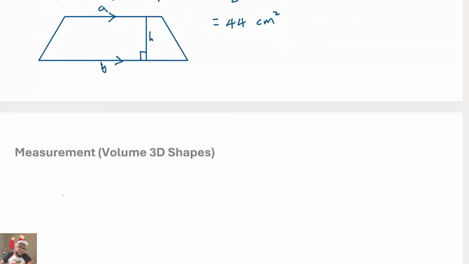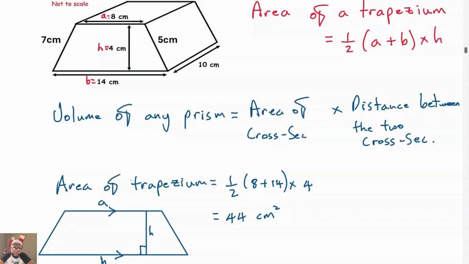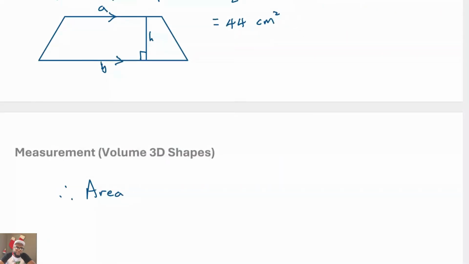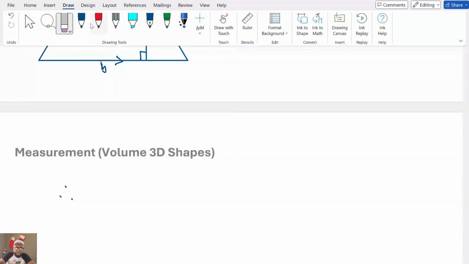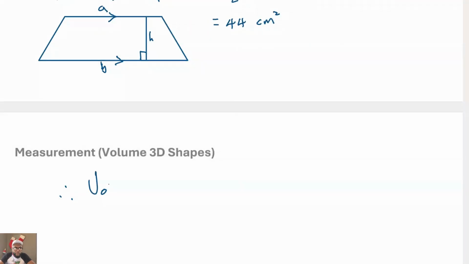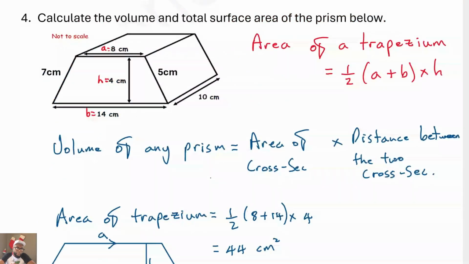Right, let's go. So therefore, no, it's the volume you're trying to find first, right? So therefore, volume is going to be equal to the area of the cross section, which is 44, multiplied by what's the distance from one cross section to the next?